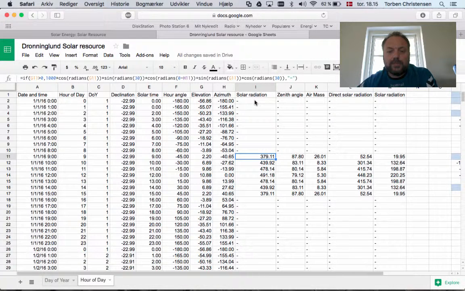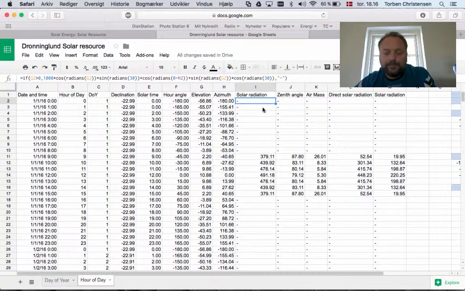Basically what I also did is that I say if the elevation is below 0, if G2 is higher than 0, then it should make this calculation, and if it's not higher than 0, then it should just mark D as a non-number, because of course there will be no solar radiation when the sun is in minus elevation.